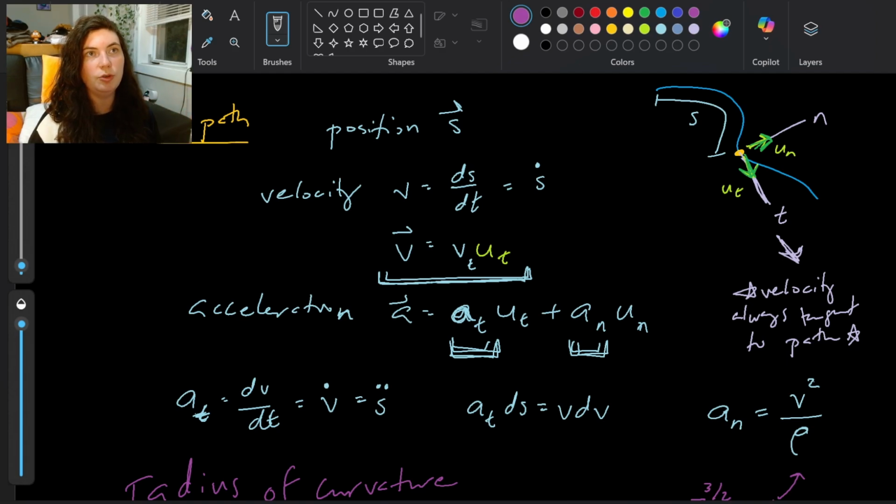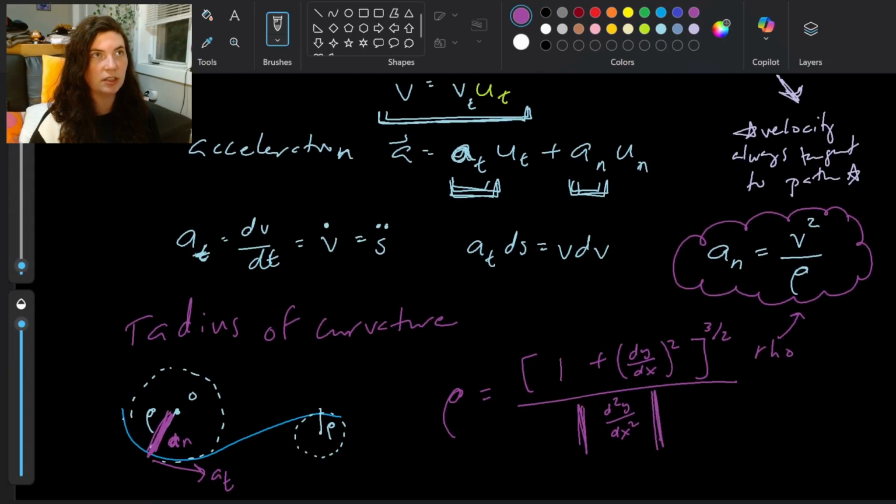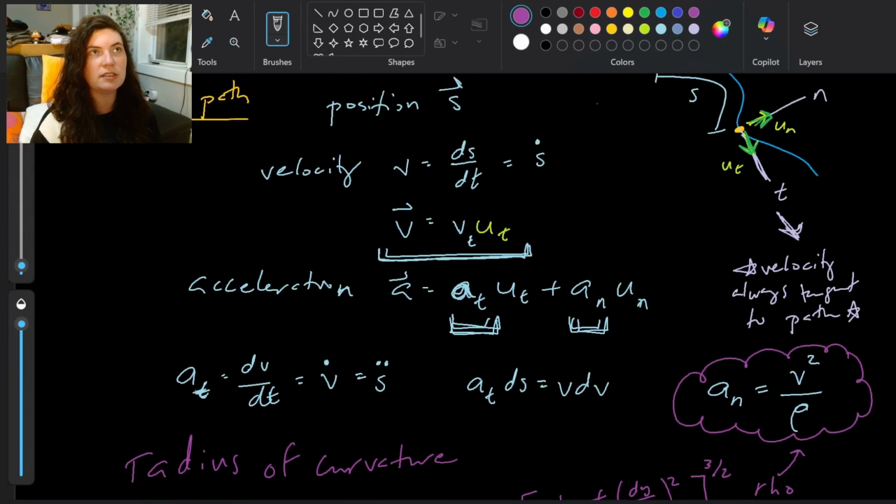The only new guy that we're going to have to really learn and deal with is this acceleration in the normal direction. And again, with these accelerations, their magnitude works exactly like all of our other magnitudes: square root of our tangential acceleration squared plus normal acceleration squared gives an overall magnitude for acceleration.